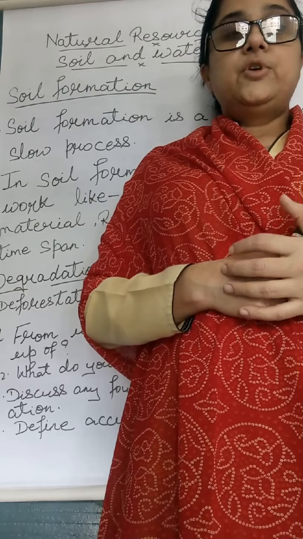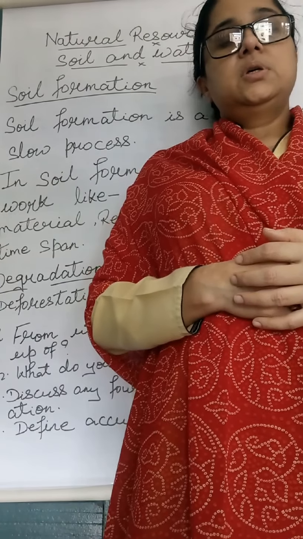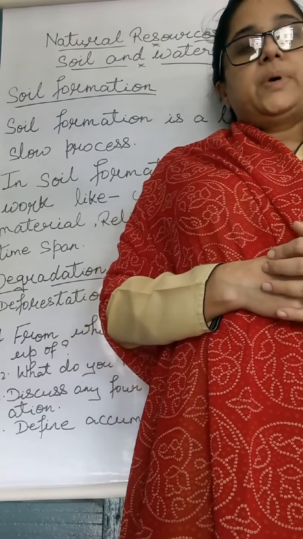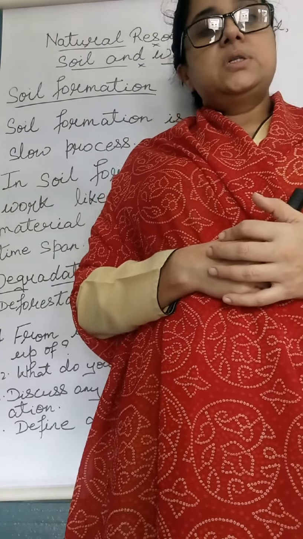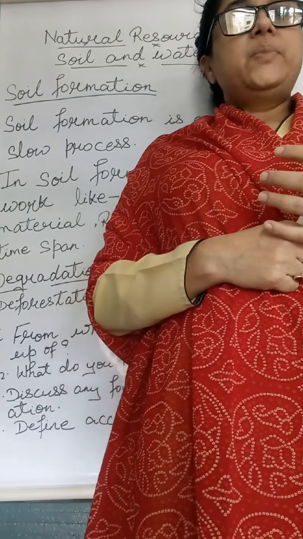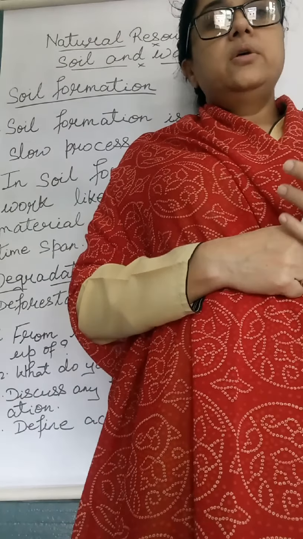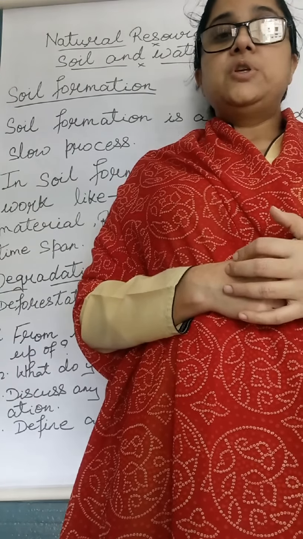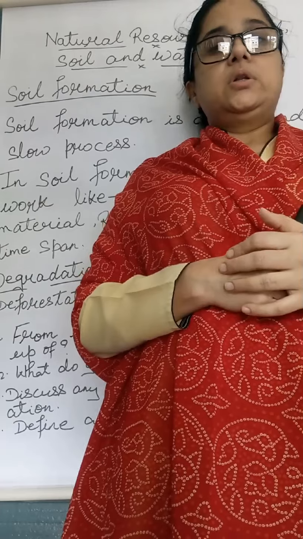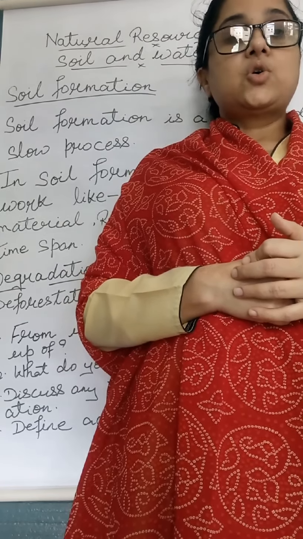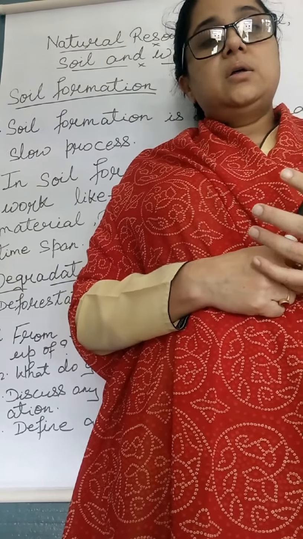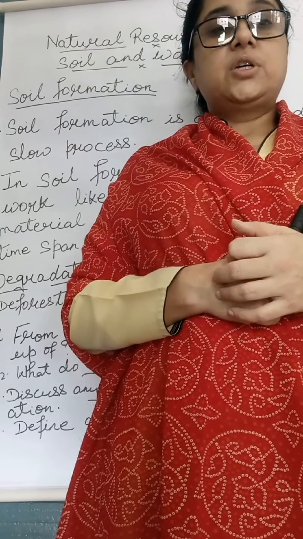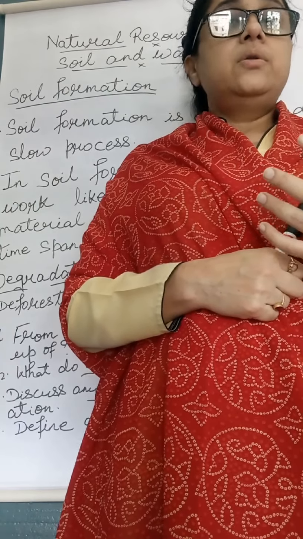On soil, we do the work of agriculture as well as grow plants. But soil erosion and depletion are the major threats to soil resources. Soil erosion means washing away of the topsoil. These are the two things: soil erosion and depletion of soil resources.